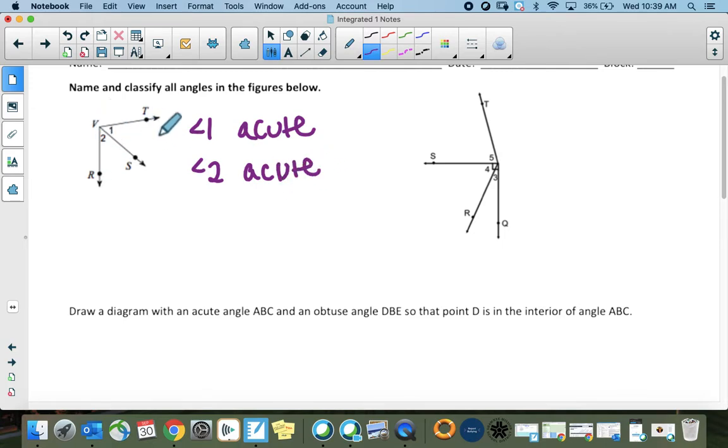But then we have this whole thing, which we can't call it angle 1 or angle 2. We have to call it angle, we can't even call it angle V, remember, because angle V could be any of these things, so we'd have to call it angle TVR or RVT. So angle TVR is larger than 90 degrees, okay, so then that would be obtuse.